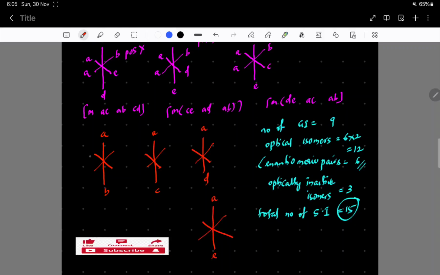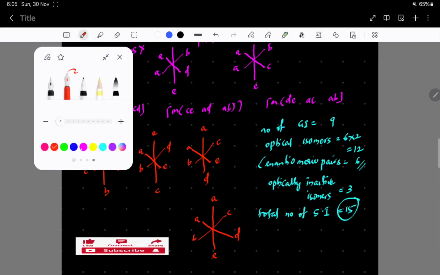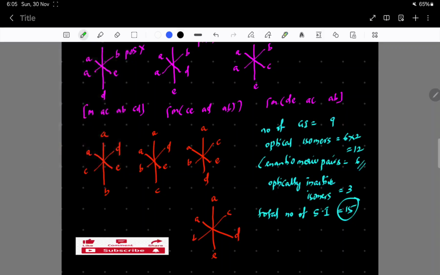The remaining you can arrange: that is AC and DE. So this is AB and DE, this is AB and CE, and this is AB and CD. Now we will write this combination and you will get the idea.